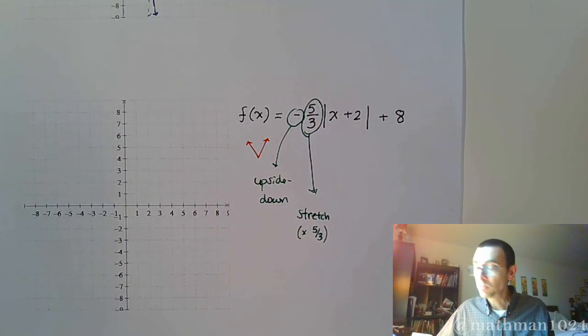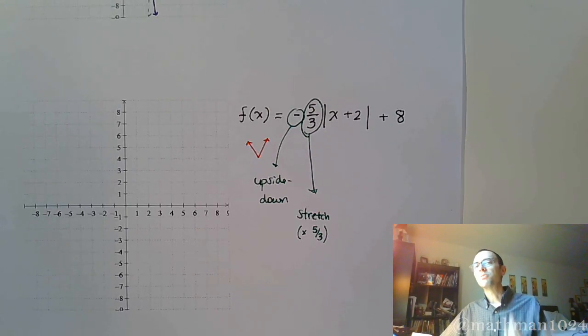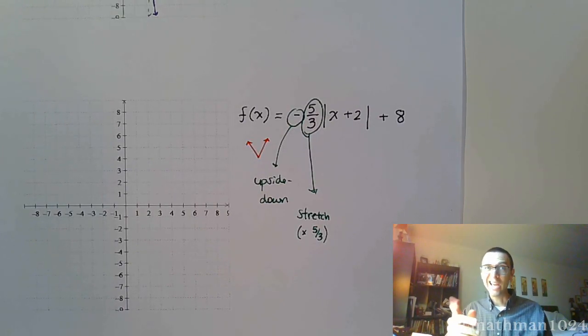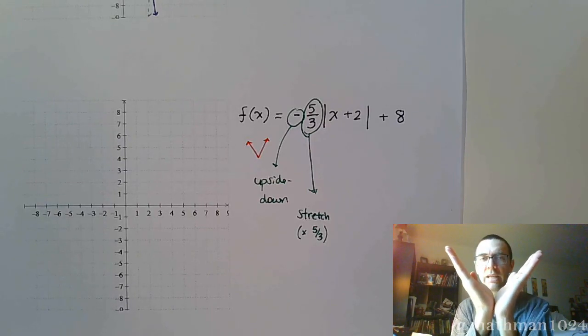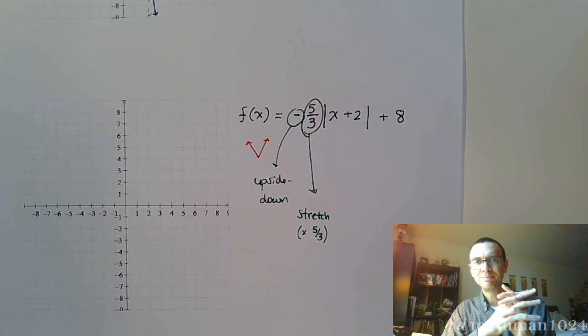It's a fraction. It is a fraction, but it's an improper fraction, which means its value is greater than or equal to 1. So since the numerator is bigger, it actually has a value greater than 1, so we're going to take that V shape and we're going to stretch it. Well, I guess actually, we're going to take this V shape, negative turns it upside down, and then the 5/3 is going to stretch it.